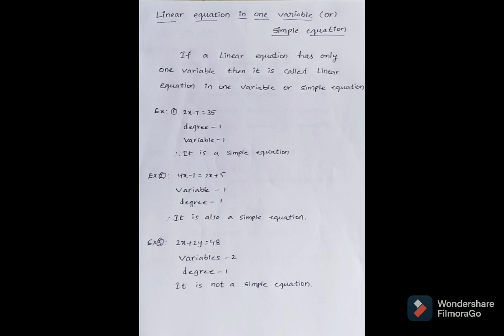Observe, power of y is also 1. So degree is 1. Number of variables 2, degree is 1. So it is not a linear equation in one variable, or it is not a simple equation.